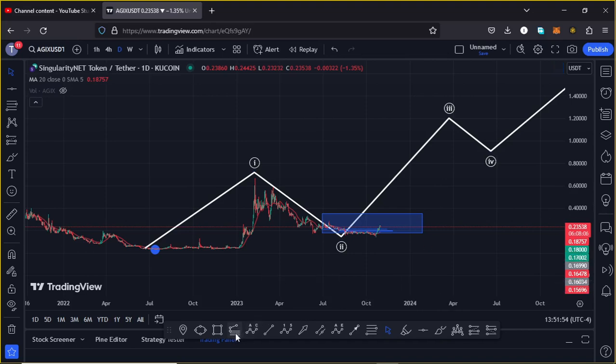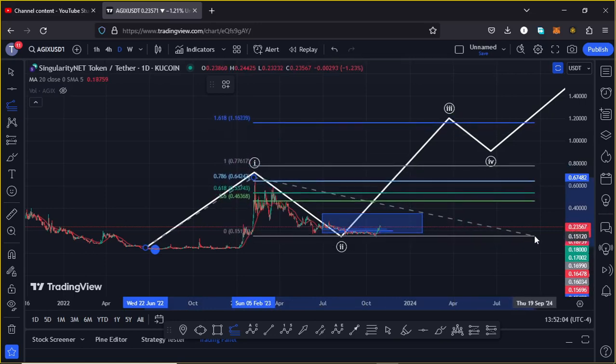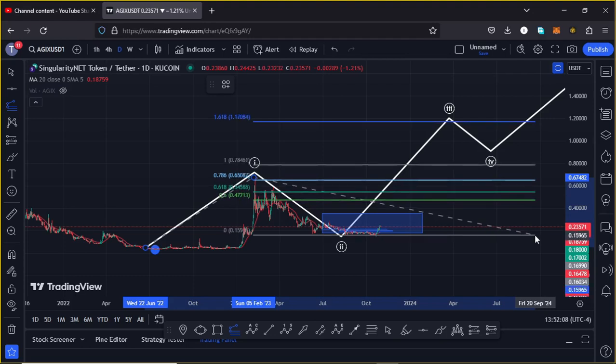That target area can be given by connecting the trend-based Fibonacci from the low of the first wave to the high of that wave 1, then dragging the fibs to the low of the second wave, giving me a minimum target area at the fib level 1.618, and that is above the $1.17084 mark. So that is the minimum that I'm expecting AGIX to do on the long term.